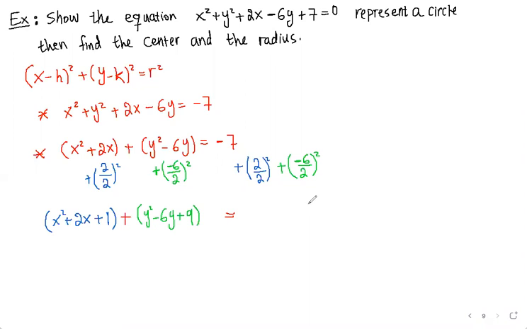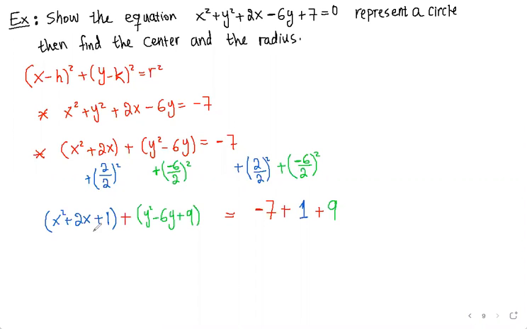And now here I get 9, and I also get +1. So I get here 1, and the rest is -7. So -7 plus 1 plus 9. The 9 comes from the green one here. The blue one is 1.